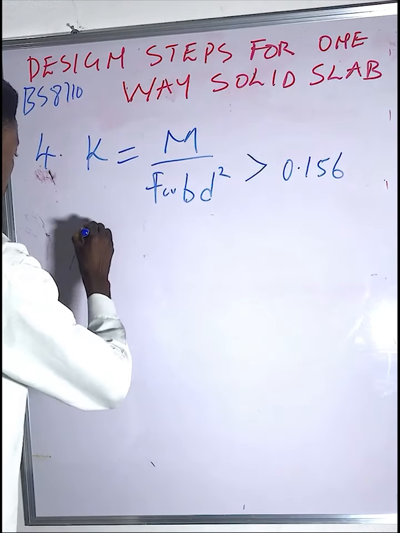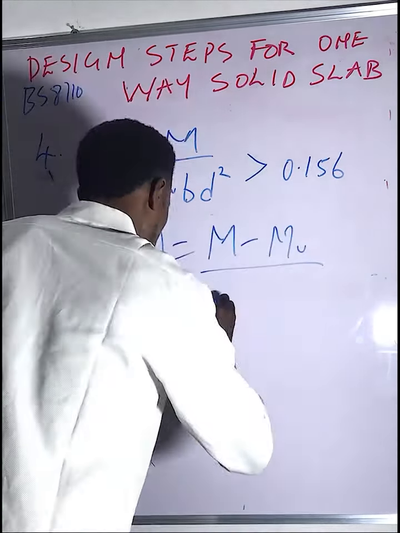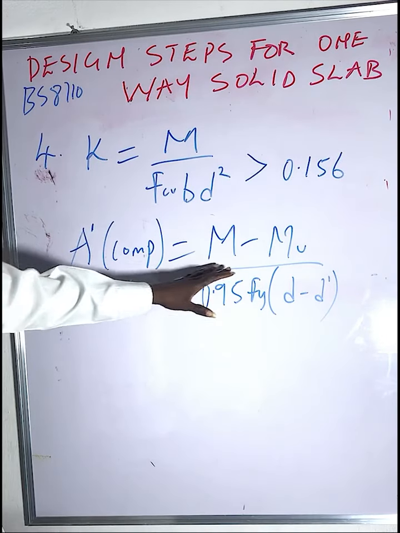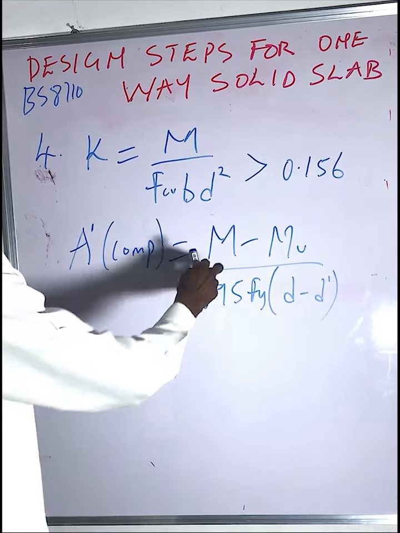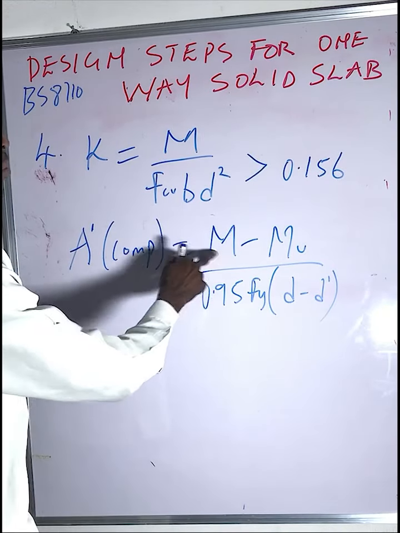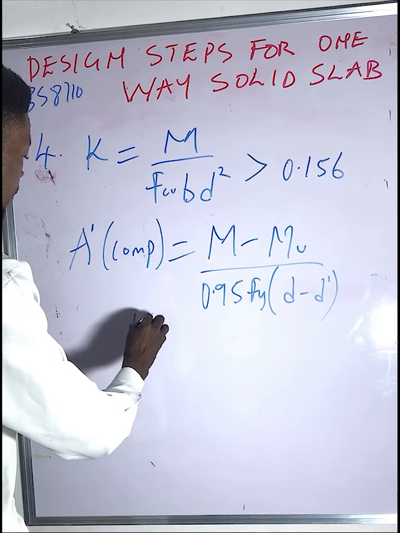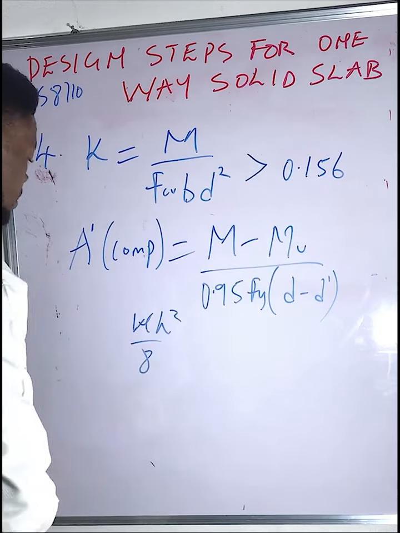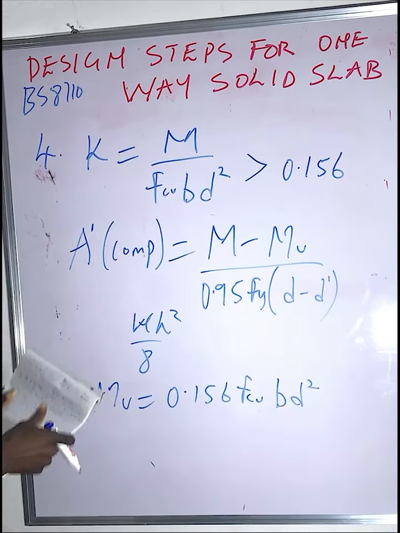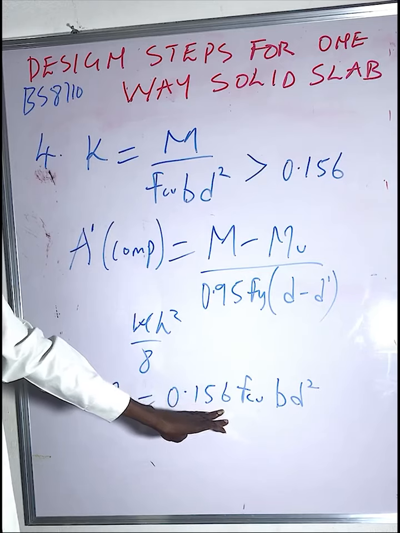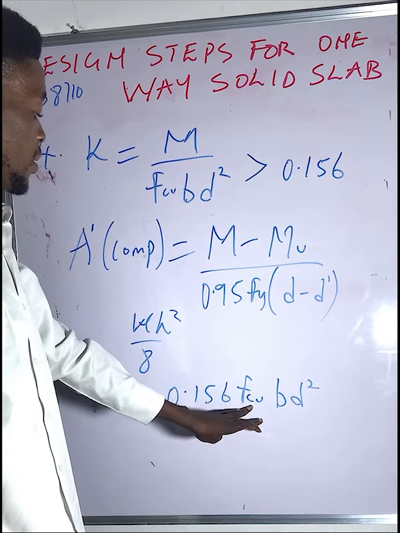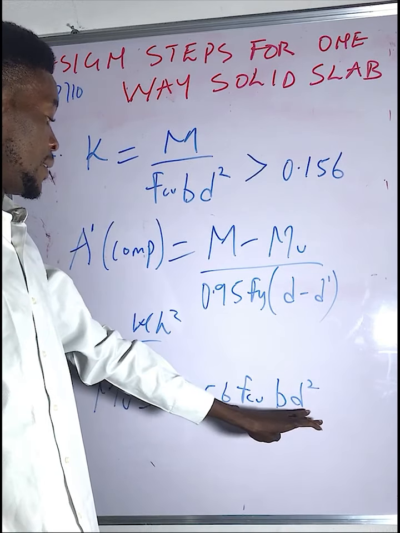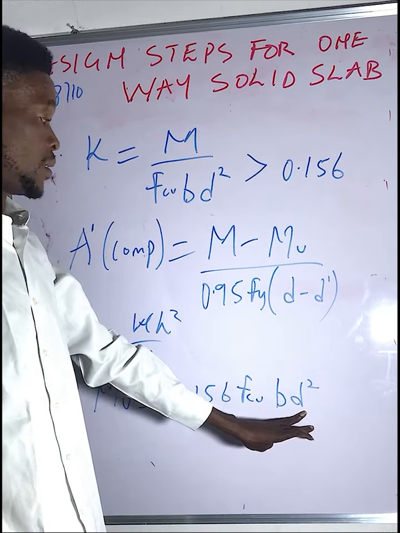And to get your area of compression reinforcement, this is the formula. This M is the maximum bending moment from W L squared over 8. Why this MU? MU is 0.156 times the characteristic strength of concrete, the breadth, which is 1 meter, and the effective depth squared.